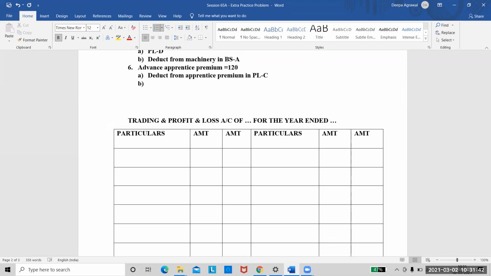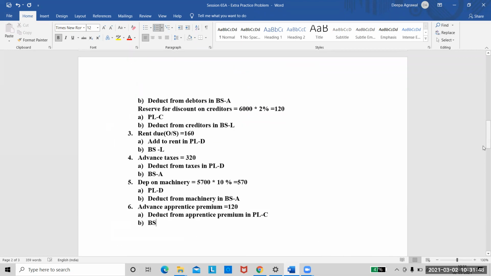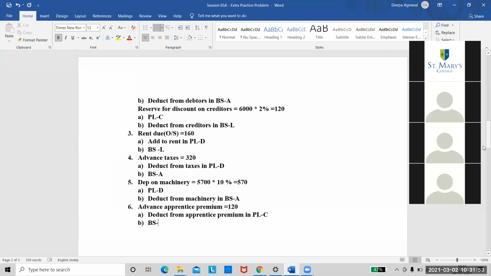Second one. What is the second one? Balance sheet, where should I take this? You should think and tell me. Asset or liability? Is it an income or an expense?